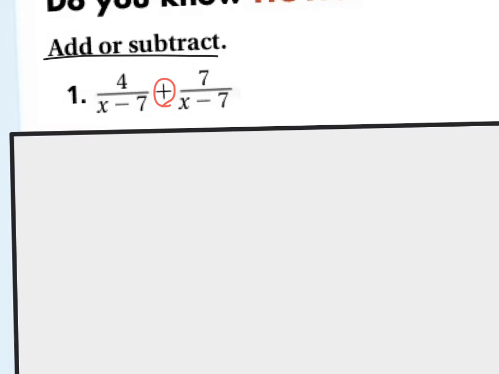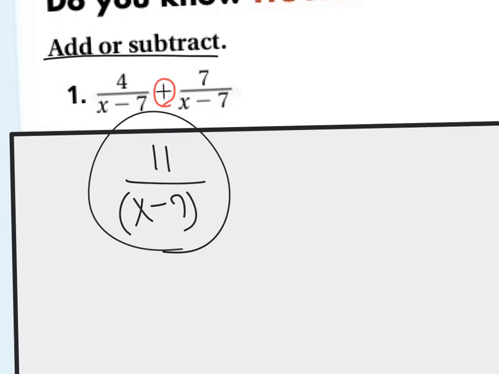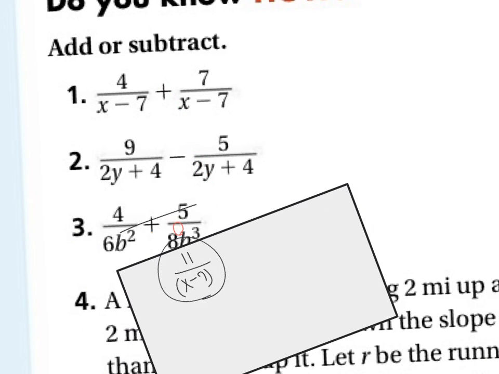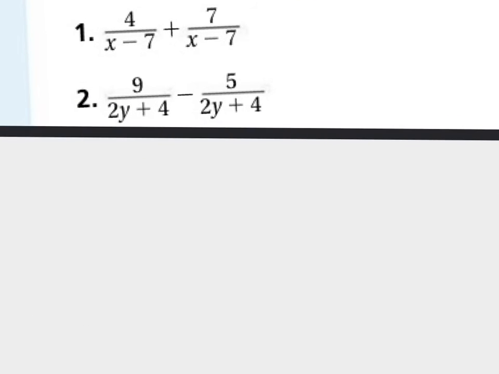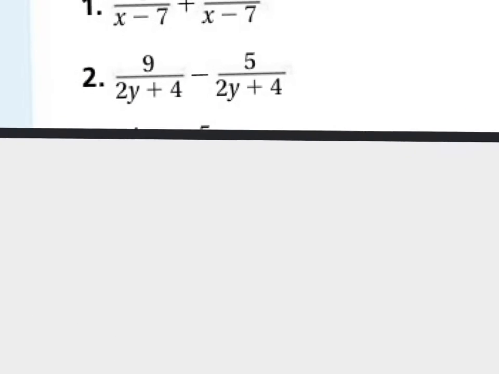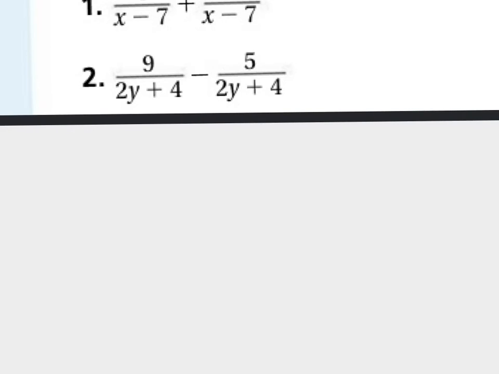So our denominators are the same here, so we can add the numerators. So 4 plus 7 is 11. Denominator stays the same. So 11 over x minus 7. And then if we look at number 2, this is a subtraction problem.